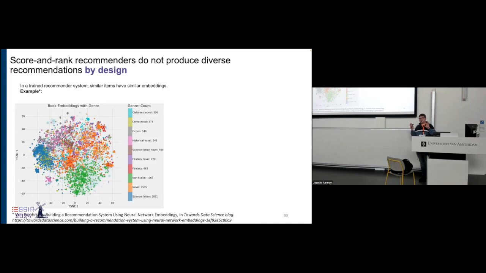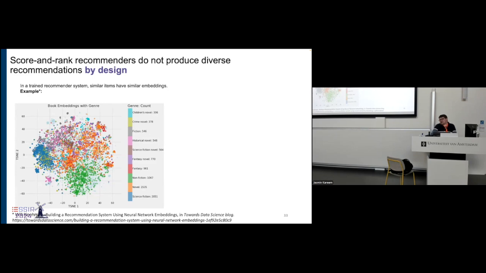There are some caveats because in reality we don't measure distance using Euclidean distance, usually we use dot product, but the idea still holds. So we try to find a point and find items around this point in some multidimensional space.